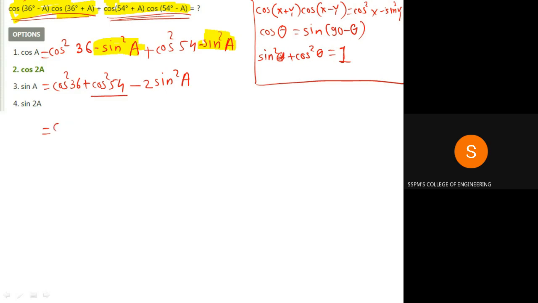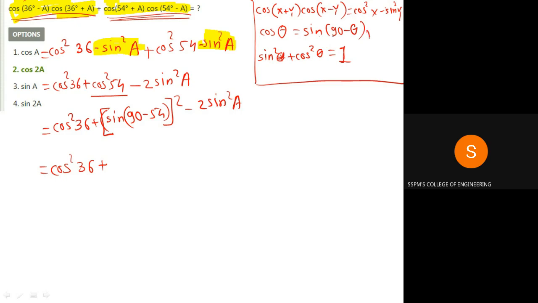So you have to replace this cos square 54 by sine. We will keep cos square 36 as it is, and instead of cos square 54 we will write sin square (90 minus 54), minus 2 sin square a.